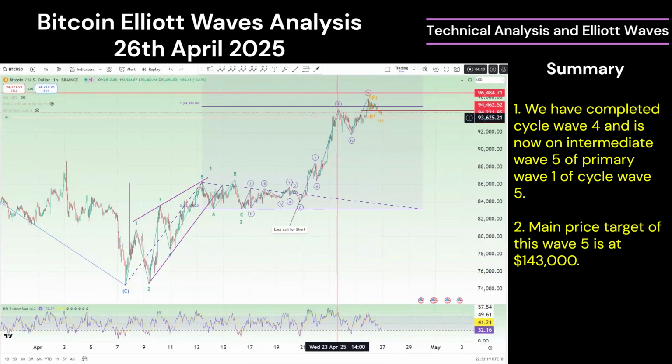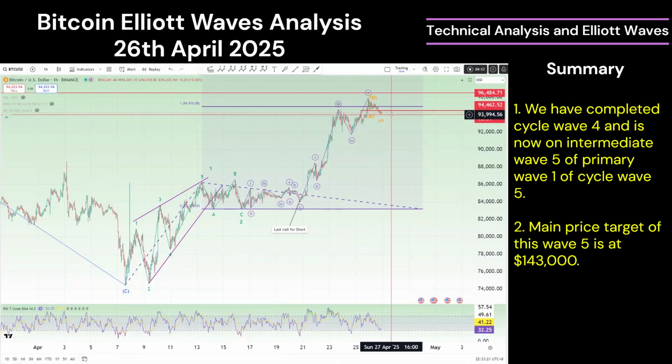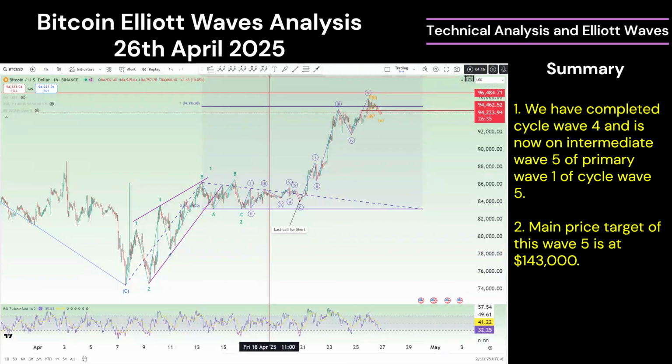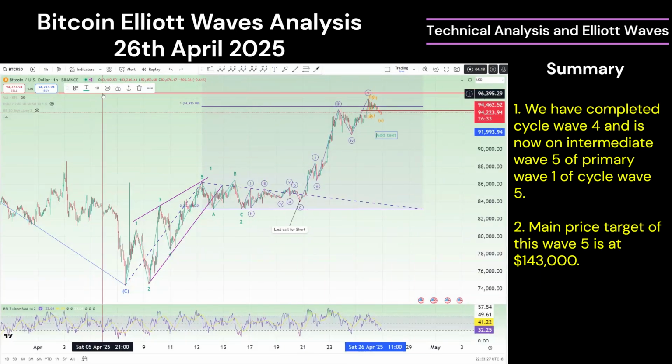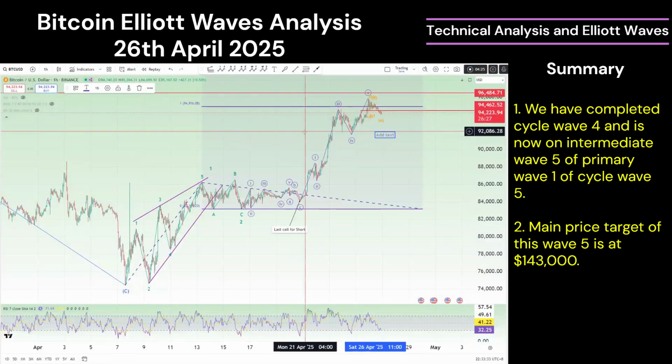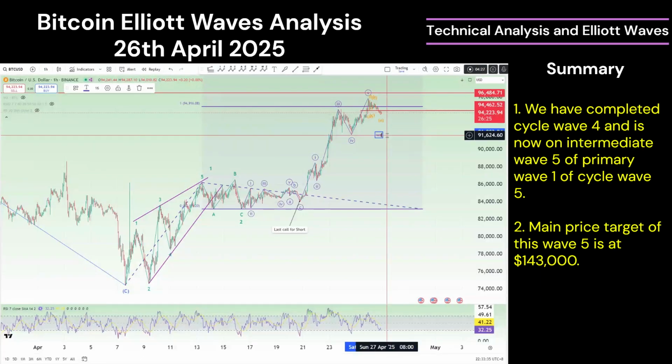So we are at the fourth of wave three. So this one becomes a wave four of three.